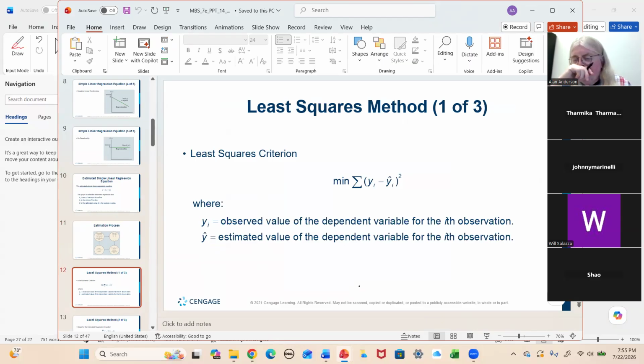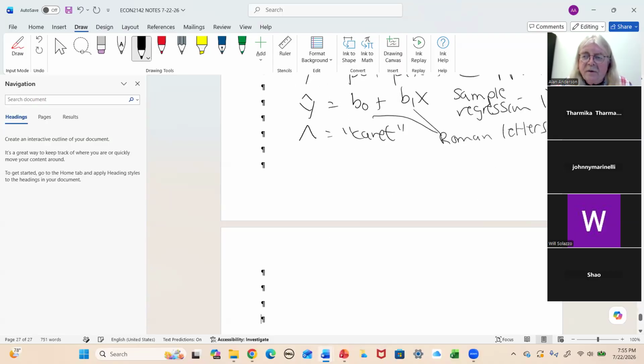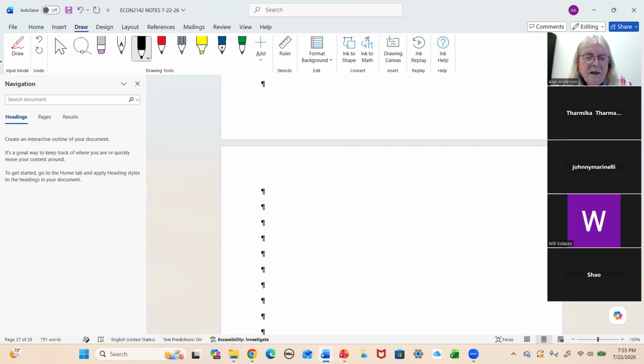Now, I mentioned this, I think, before. What we're going to do in this chapter is use this technique. There are many different ways we can estimate a regression line. We're going to use the so-called least squares method, sometimes known as ordinary least squares. We abbreviate it OLS.